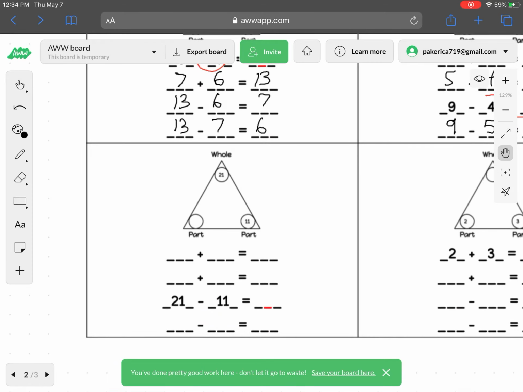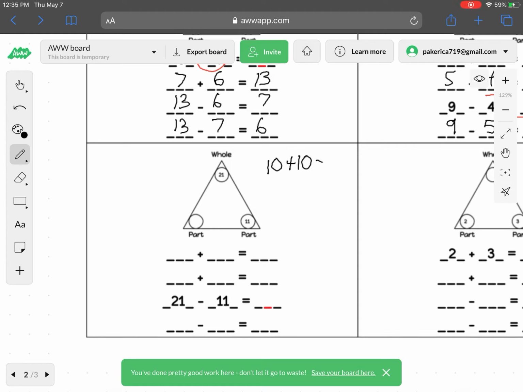All right, this example again is showing me that I'm missing a part. What can I do? I notice one of my parts is the number 11. But I also noticed that my whole is the number 20. There's a doubles fact that we've learned, 10 plus 10. So my doubles fact I'm going to use to help me solve is 10 plus 10.